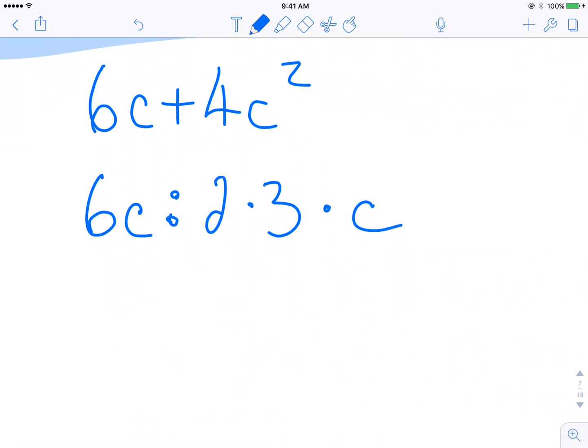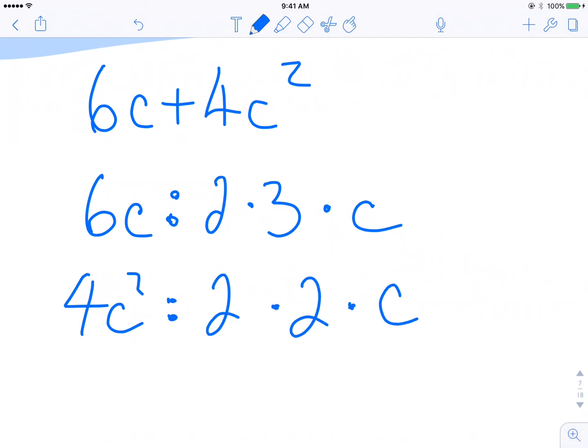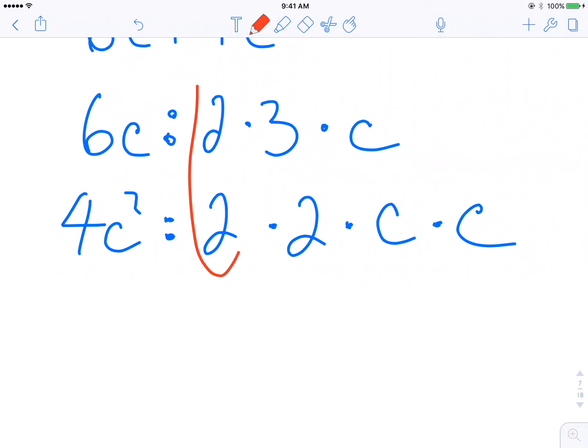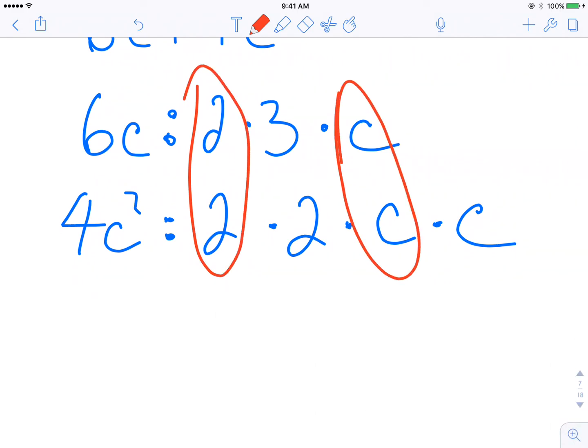I take my 4c squared, break it down into its factors: 2 times c times c. Well, what's common between both sets? 2 and a c, so it's going to be 2c.